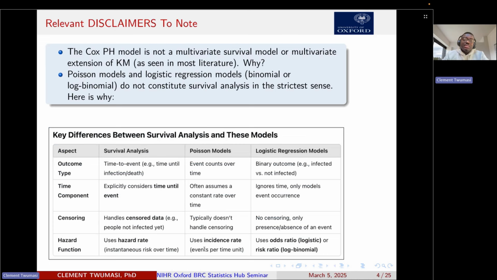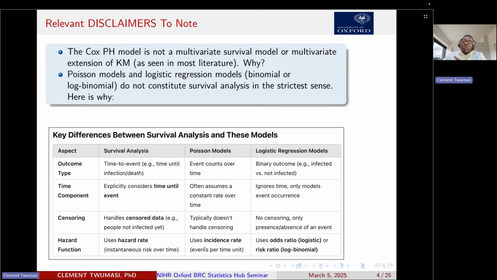There are some relevant disclaimers that I think my audience should know. You notice that the non-parametric Kaplan-Meier method assumes that you are comparing the survival curves for a particular categorical covariate or predictor at a time. So it means you cannot compare how survival curves change between more than two covariates or predictors.